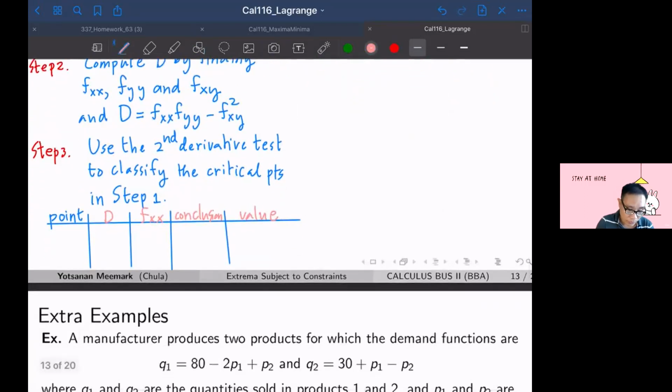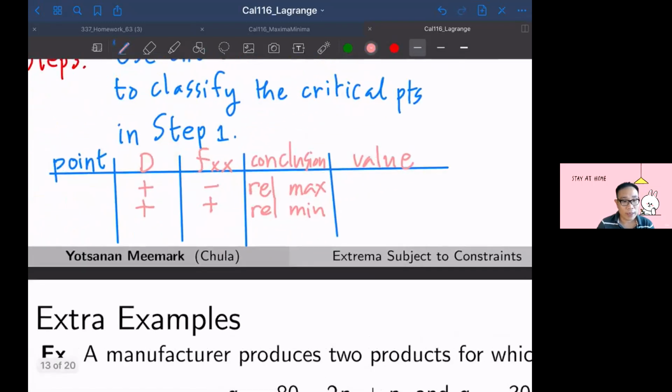Okay, so if D is positive and fxx negative, this is going to be a relative maximum. If D is positive and fxx positive, it's going to be a relative minimum. Okay, and if D is negative, it's going to be a saddle point. And if D equals 0, it's going to be inconclusive.